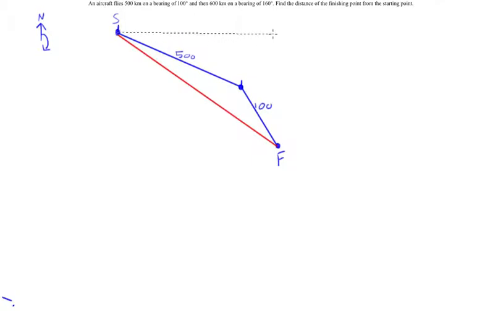So here's where I'm going. I'll show you what my plan is and what I envision, and then we'll take you through step by step. This distance S to F, I can make the hypotenuse of a large right triangle. Now if you look at these two sides here, they look pretty difficult. Well, how do I know what they are? I'm going to know what they are in time because I'm going to make two other right triangles.